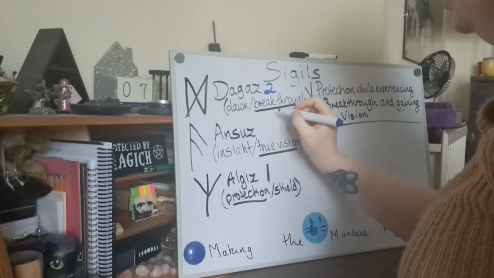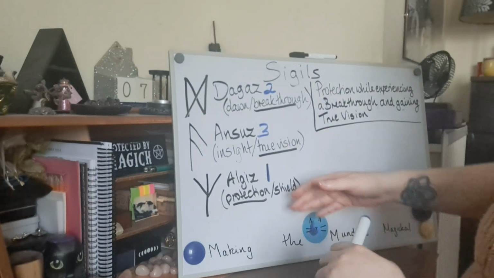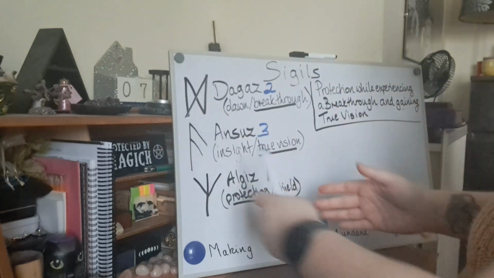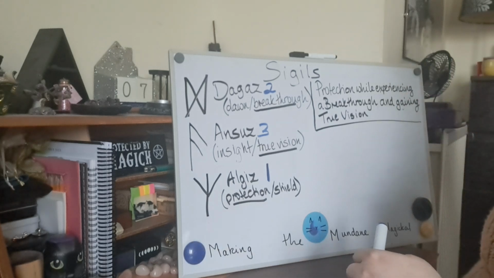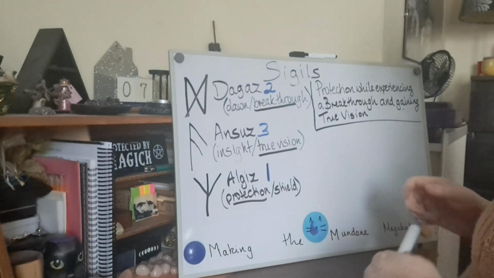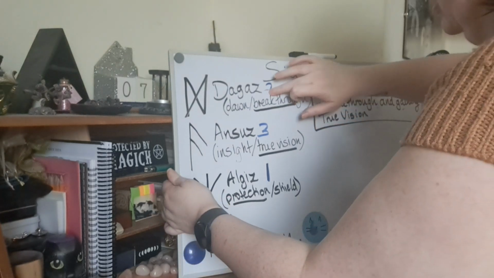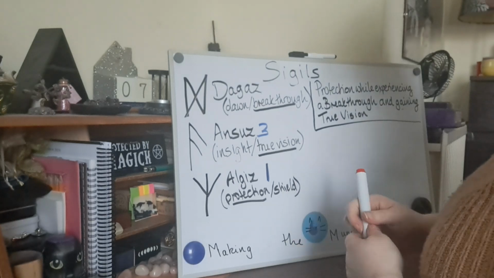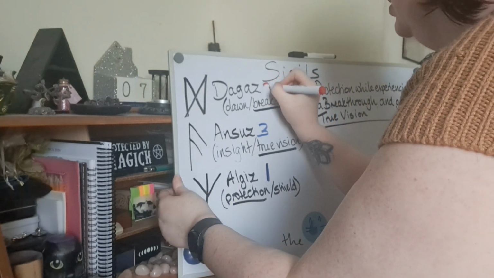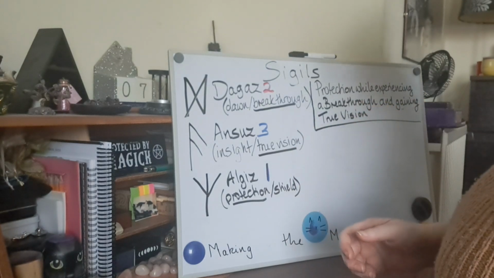So Dagaz goes second, and then Ansuz is the last one. So they might not be on this side in the right order, but we're gonna go with it. So actually, I'm gonna do different colours with these, just to make it easier to see how they've been added. So Dagaz is going to go in red. You can see that, lovely.